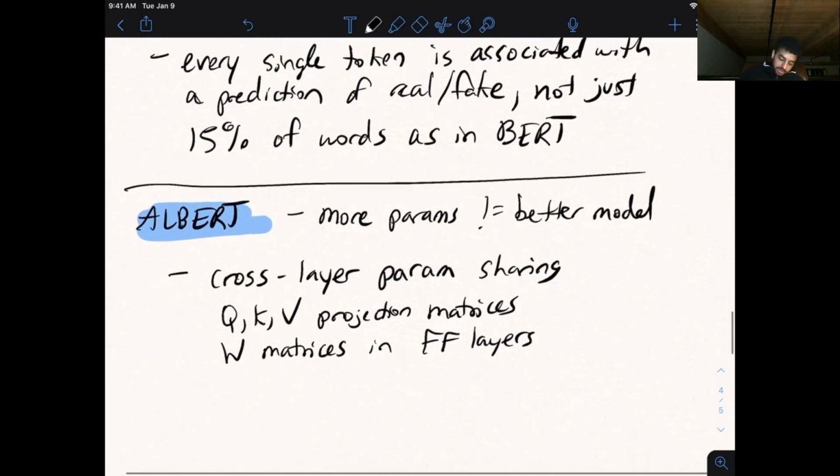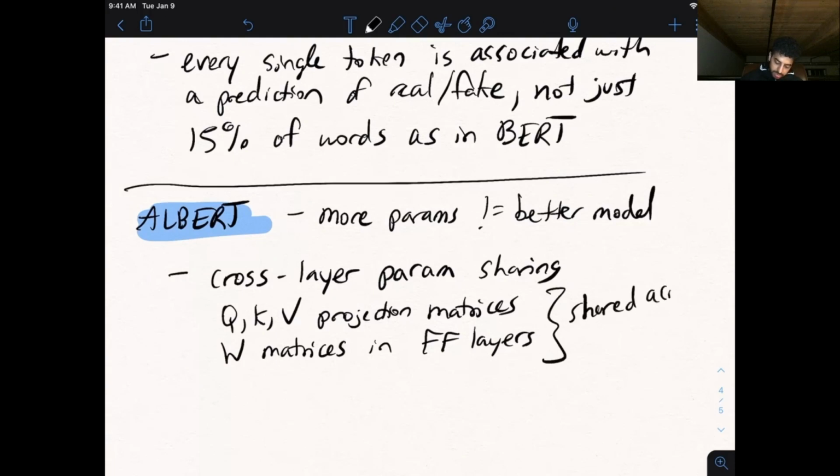And so in ALBERT, these things are shared across all layers. So there's only one distinct query projection matrix, only one key, only one value projection matrix. The feed-forward layer matrices are all shared across all layers. And so here, just adding more layers doesn't actually increase the number of parameters in your model.